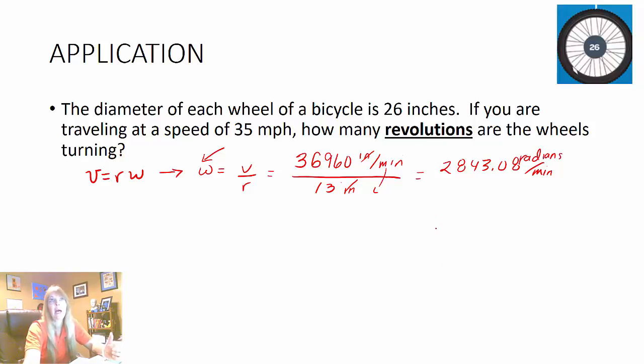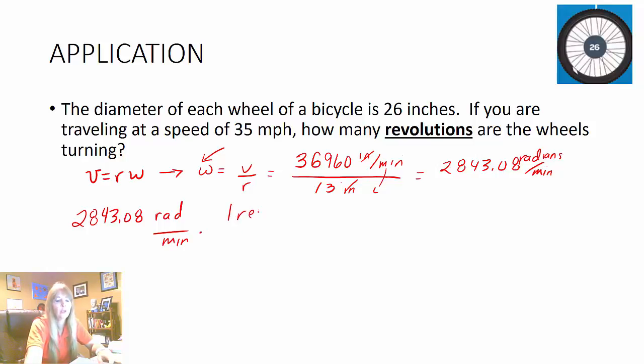I'm asked to find how many revolutions, so turn this into revolutions. 2843.08 radians per minute. I remember that one revolution is 2 pi radians.